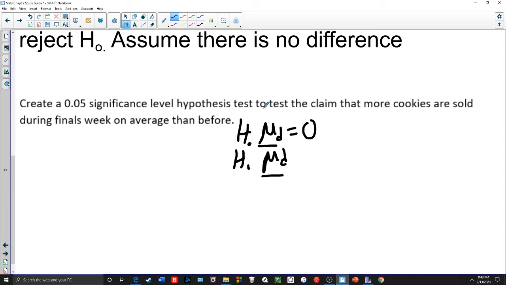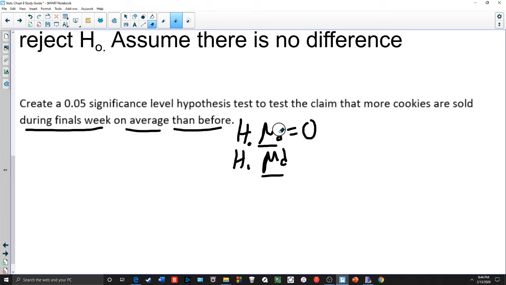They say test the claim that more cookies are sold during finals week on average than before, which means that we're actually not testing the difference. Testing the difference would be saying test the claim that the difference between the amount of cookies sold the week before finals and the week during finals is 0 or is not 0, something along those lines. This is actually testing the average of the week before compared to the average of the week during.